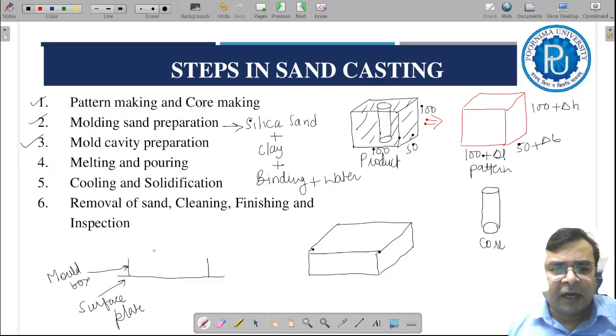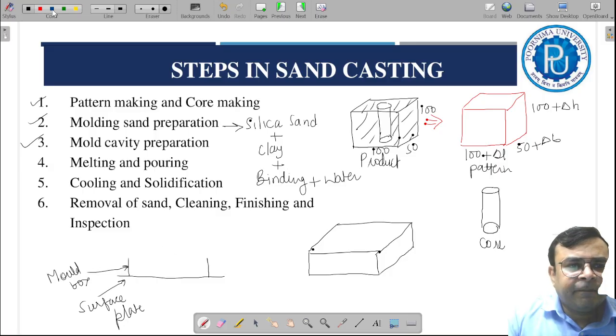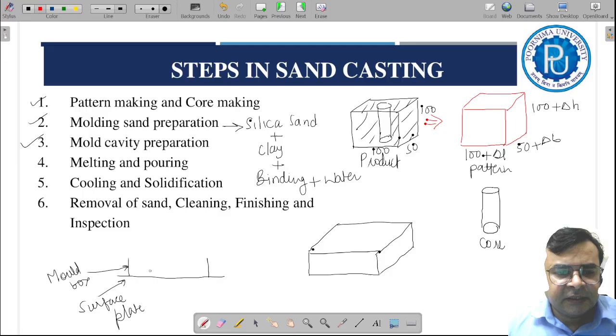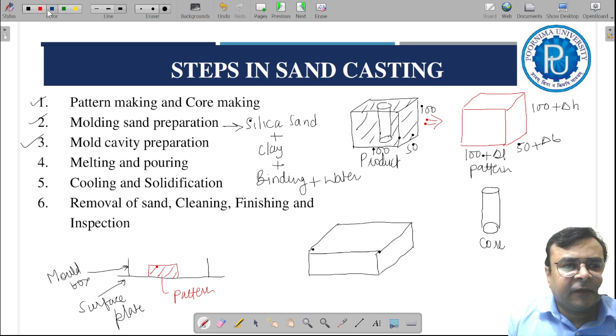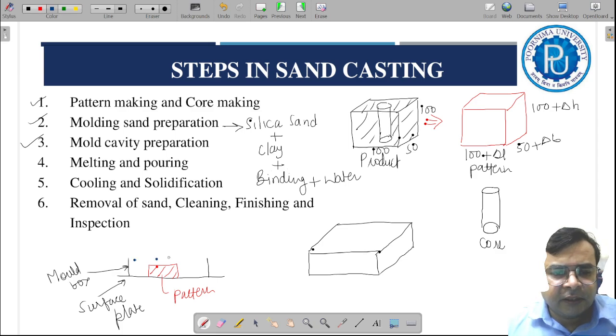After that we put the pattern, as you can see here, and after placing this pattern we pour in the molding sand which we already prepared, like this.